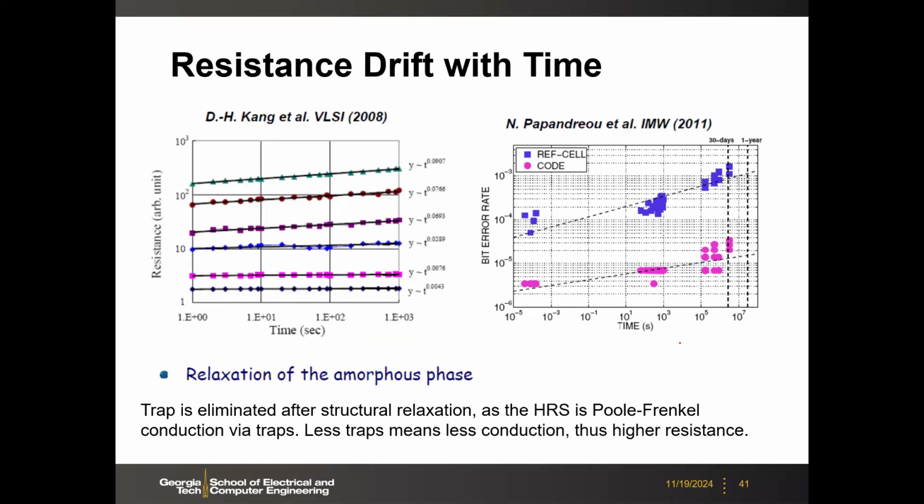This is a known issue for the amorphous phase, I would say for the intermediate phase. Then you will have this tendency to increase the resistance over time, especially in the amorphous states here.